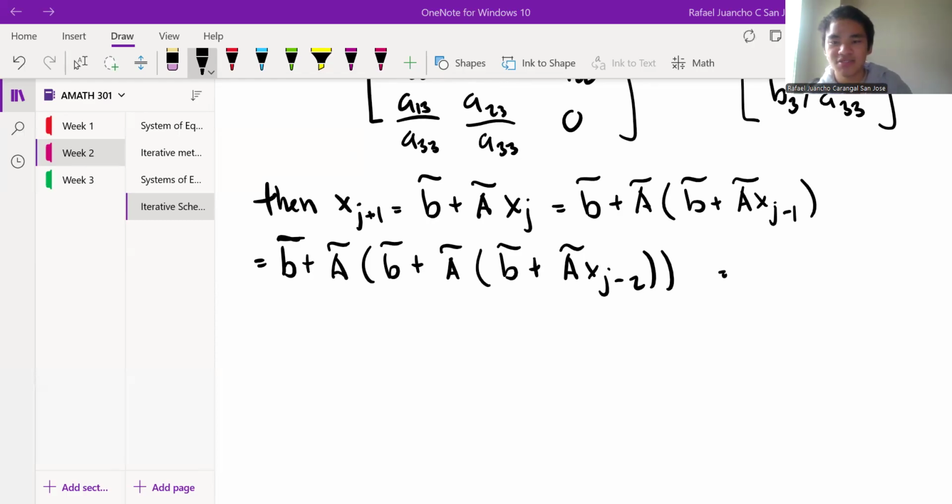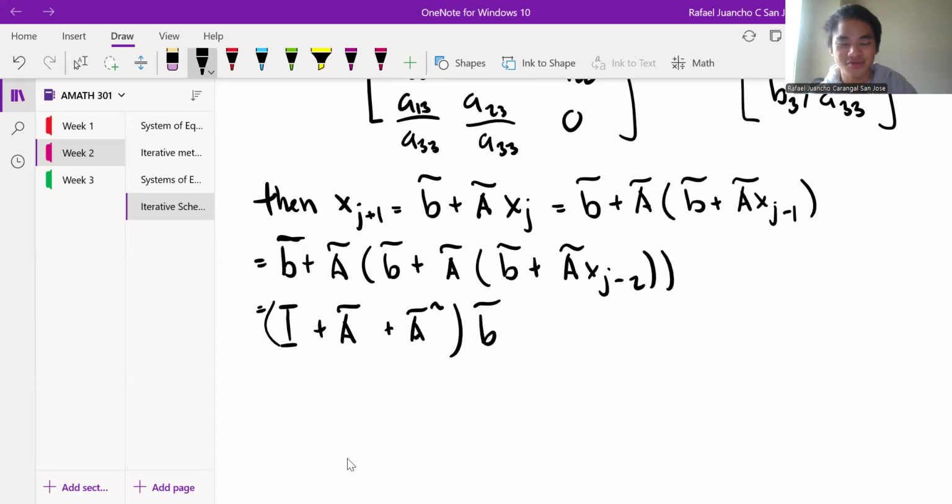Well, this is actually just equal to the identity matrix plus A tilde plus A tilde squared. Okay, I'm not sure how my teacher derived this whole thing. That was crazy though, because he was able to do it.